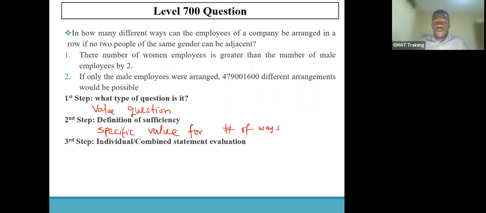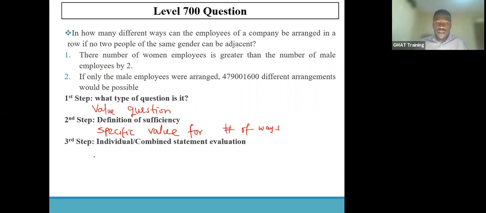When we begin analyzing the statements, we are looking for one that helps us find a specific value for what is required in the question. The first statement says the number of women employees is greater than the number of male employees by 2.